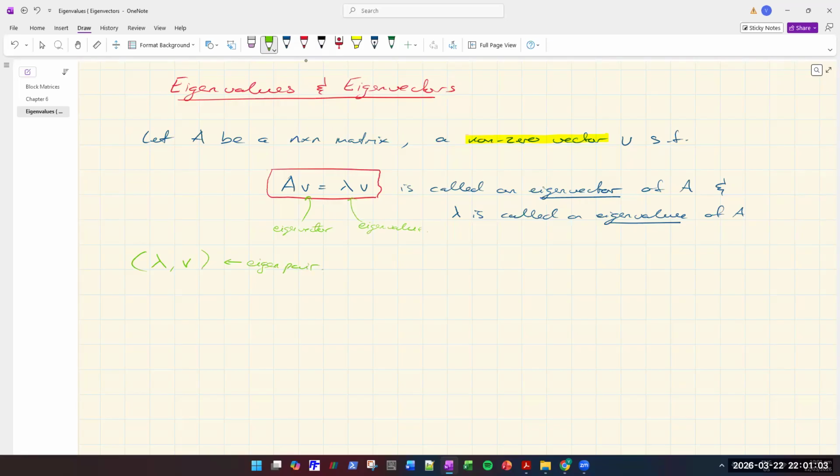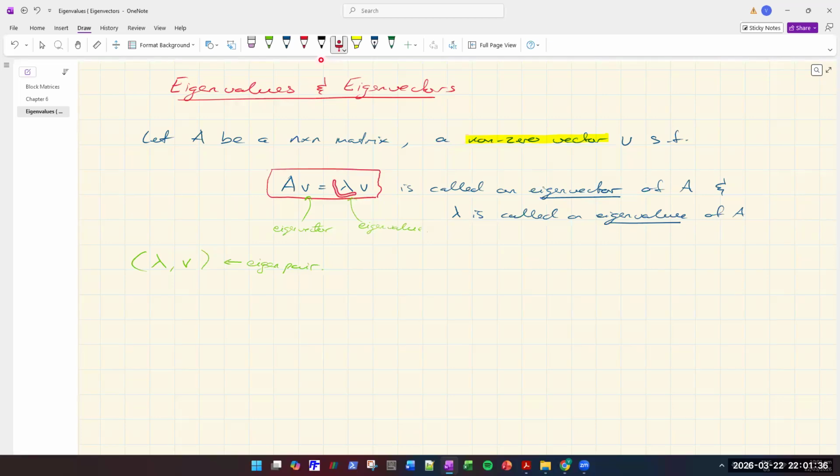And how to think about this is anytime you do this, this is a matrix multiplied by a vector. This vector is a column of numbers. So anytime you do this multiplication, that gives you a new column of numbers. What the eigenvector equation is saying is that when you multiply this vector by this matrix, the output is the same vector, but it is just scaled by a factor of lambda.